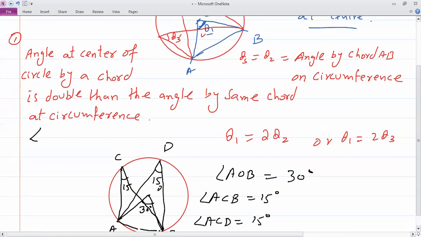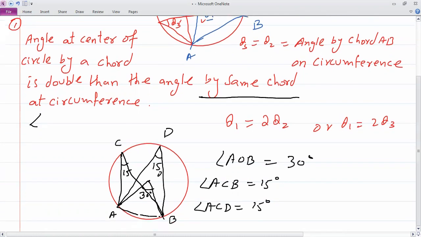This is the meaning of the first rule: the angle at the center of a circle by a chord is double the angle by the same chord. Remember, by the same chord. Any other chord might be different. So by the same chord, if you have an angle at the center and the same chord makes an angle at the circumference, the one at the center will be double the one at the circumference.